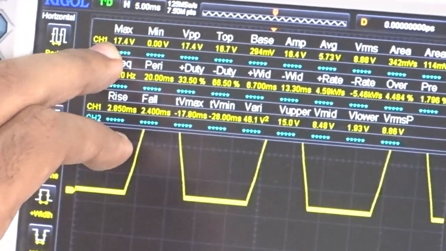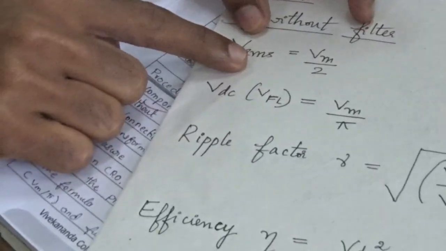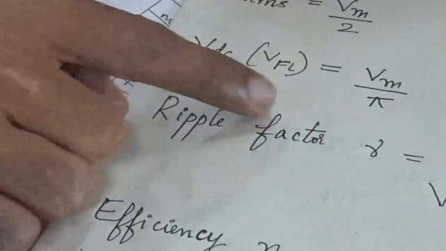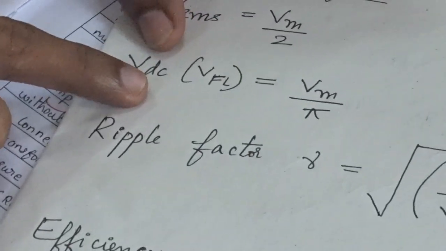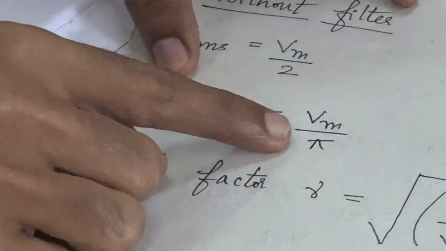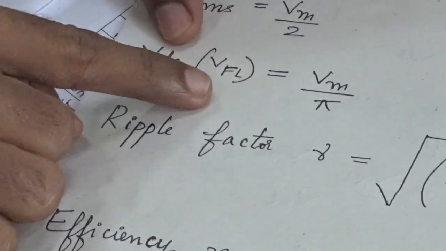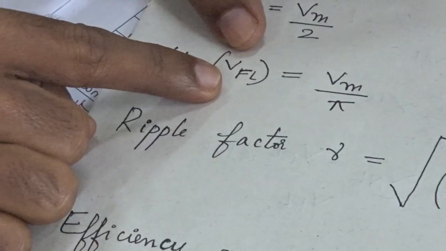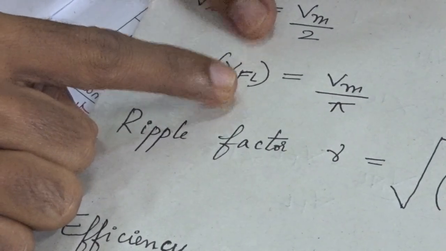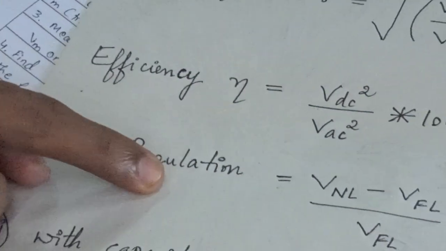After getting the maximum voltage, use the formula for RMS voltage to find the RMS value, and then find the V_DC value using the formula V_DC = Vm/π. This V_DC value is also the full load voltage, which is required for finding the percentage of regulation.